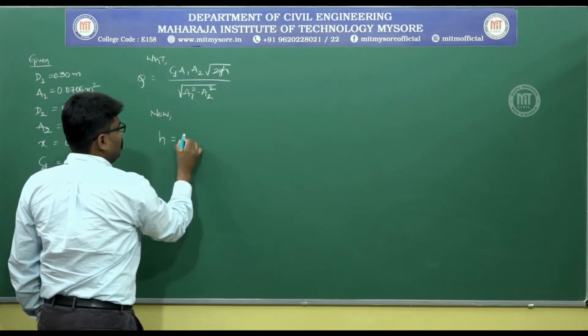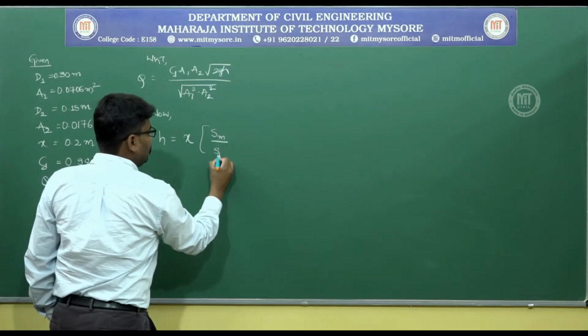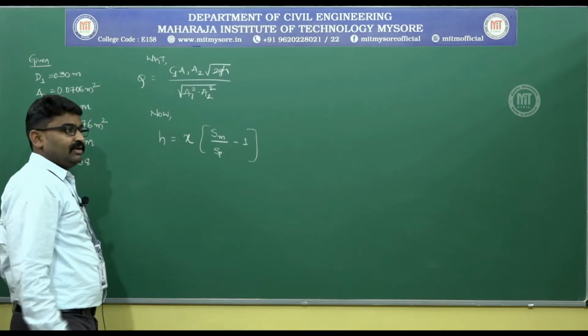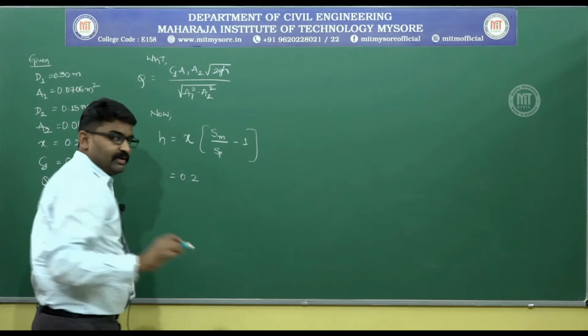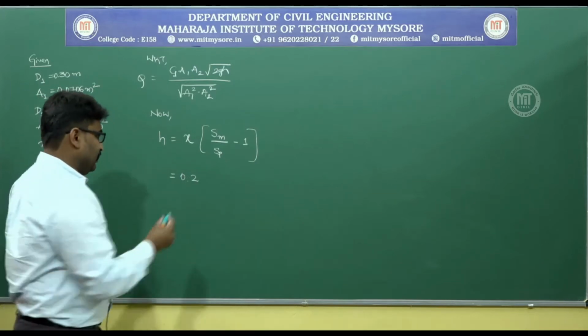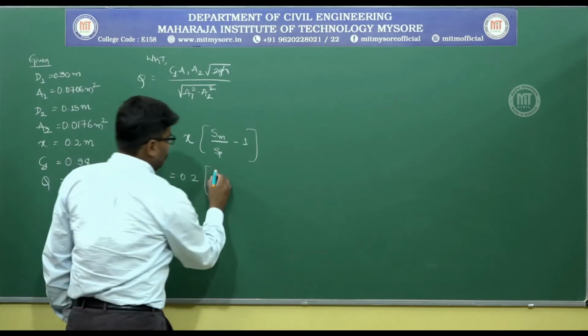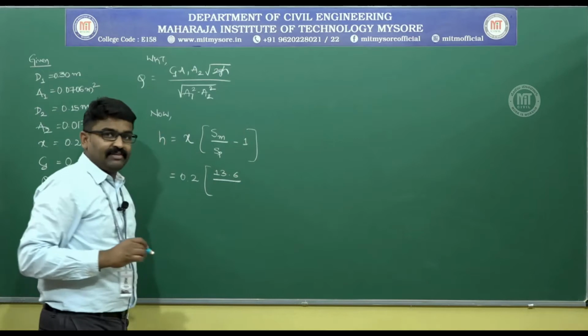Now, H is equal to X into S manometric divided by S pipe minus 1. This equation you must remember. X is 0.2, that is 20 centimeters of mercury. Sm, the specific gravity of mercury, is 13.6, divided by the specific gravity of the liquid in the pipe.